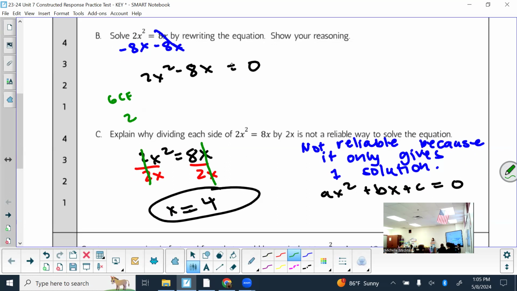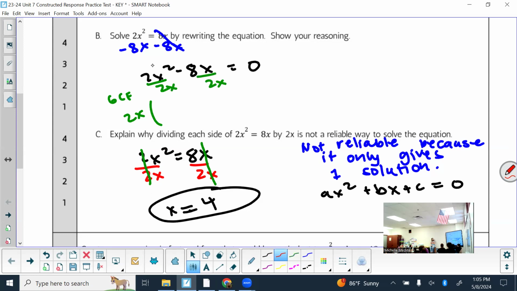And the rule is that you take the smallest amount. So between x squared and x to the first power, you can just take out x to the first power. This is my GCF. It'll go outside parentheses. Inside parentheses is what I get from dividing each term by my GCF.